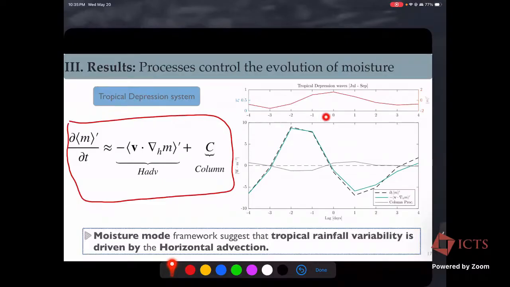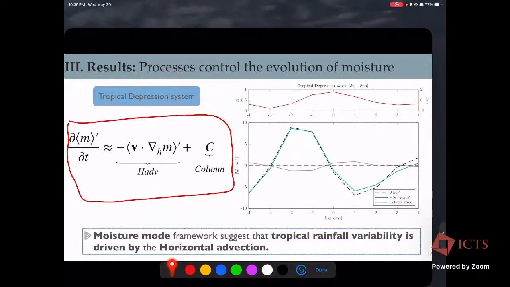And when we plot these terms here, this is the convective evolution associated with the tropical depression system. The dashed line represents the moisture evolution in the system, the green line represents the horizontal advection, and the column processes are plotted here as a gray line.